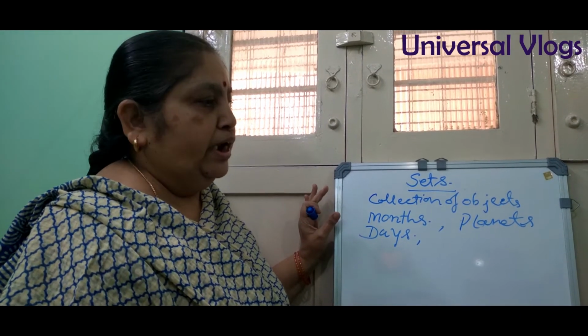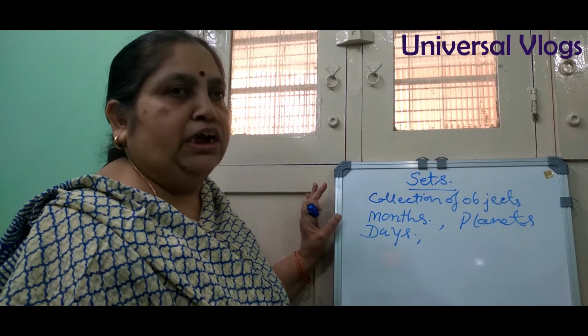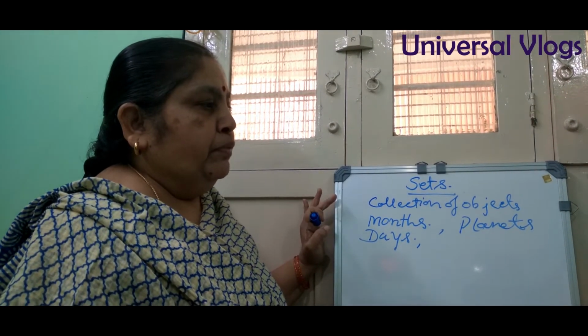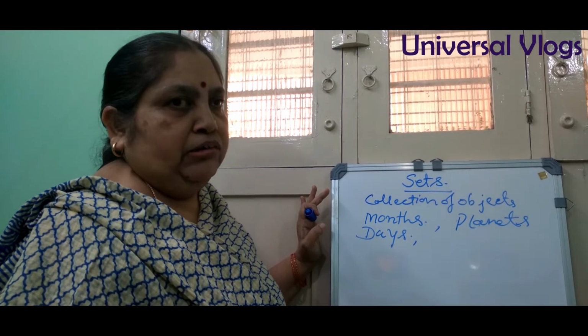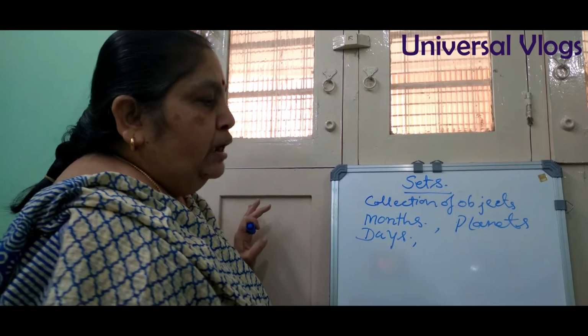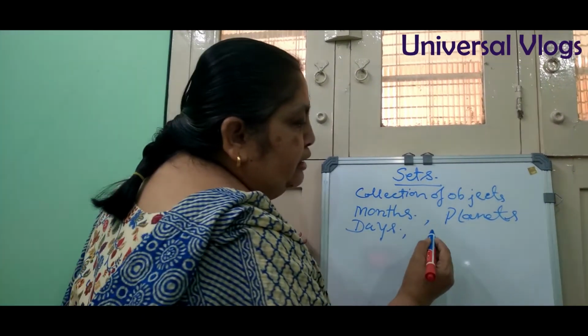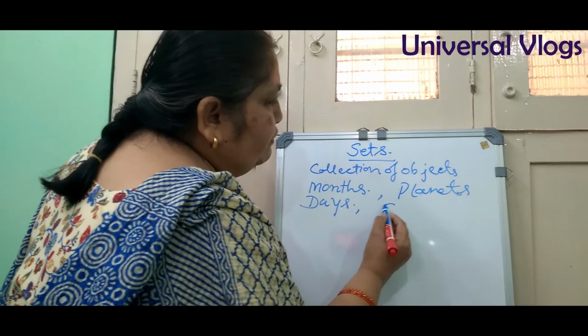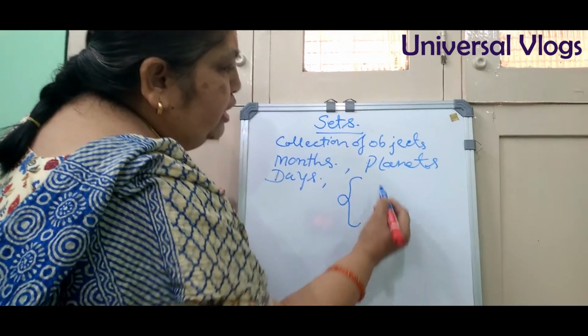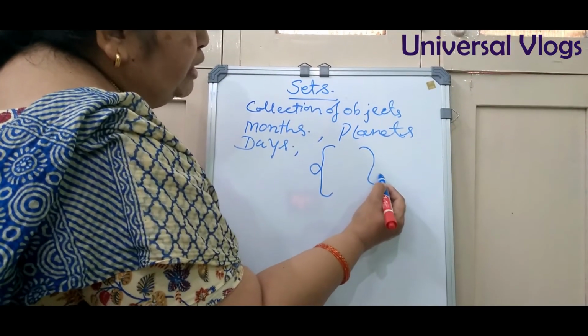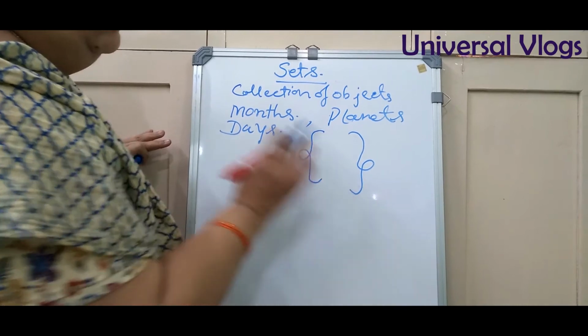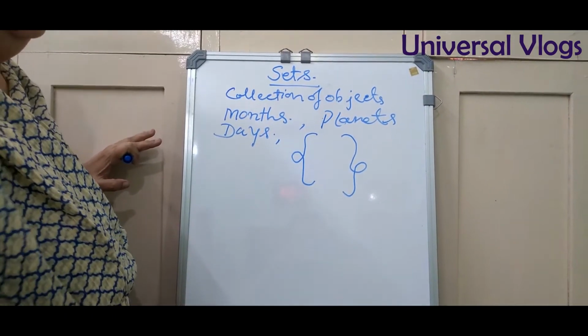Even in our day-to-day life we can get examples, like months and days and so many other examples of sets. So a set is nothing but a collection of objects. Always we represent the set within flower brackets like this. You are observing the symbol I am writing; this is the symbol for the set.